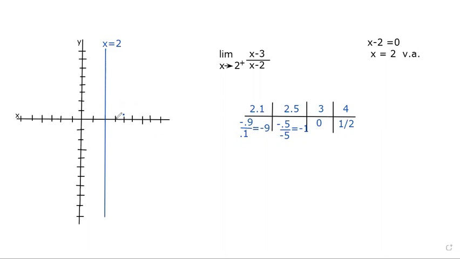At 3, it's 0. At 2.5, that would be -1. And at 2.1, which is very close, that would be about -9.